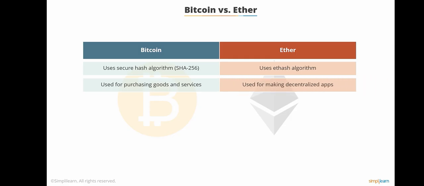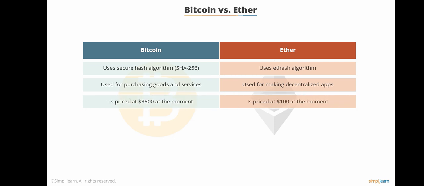The third difference is in the price of the two cryptocurrencies. Currently, the price of BTC is approximately 3,500 US dollars, while that of ETH is approximately 100 US dollars. The market cap of BTC is almost 6 times greater than that of ETH, even though ETH has a higher circulating supply.